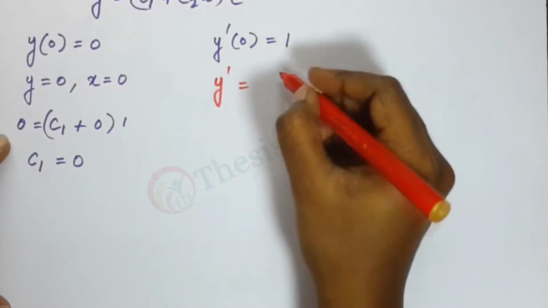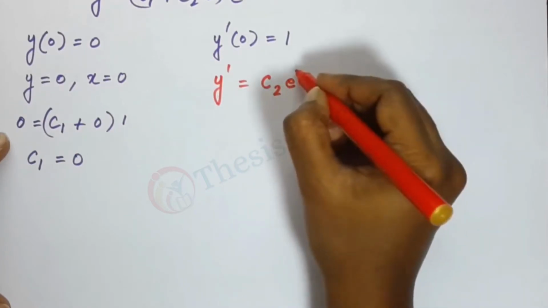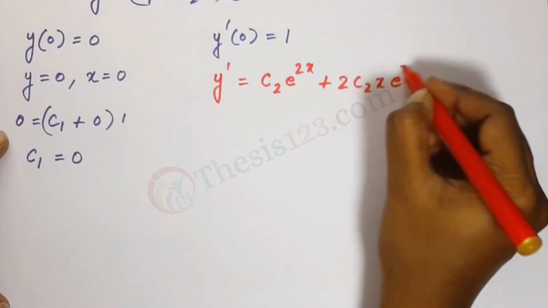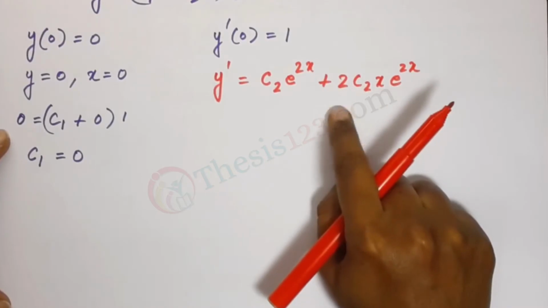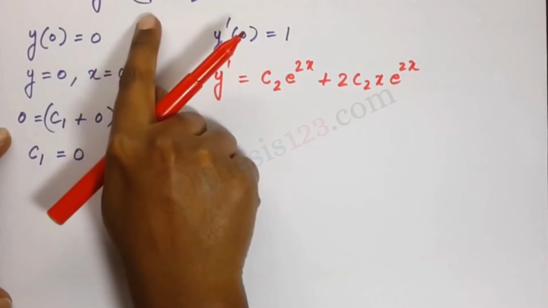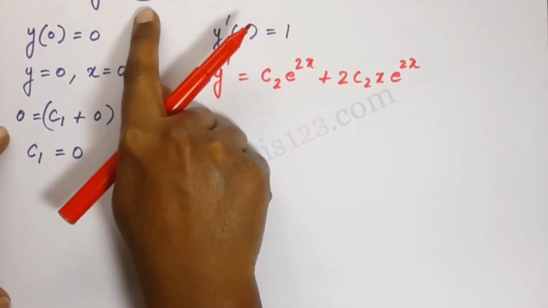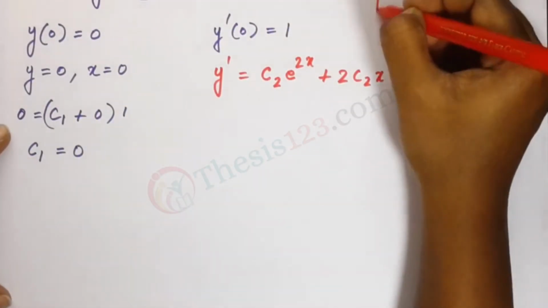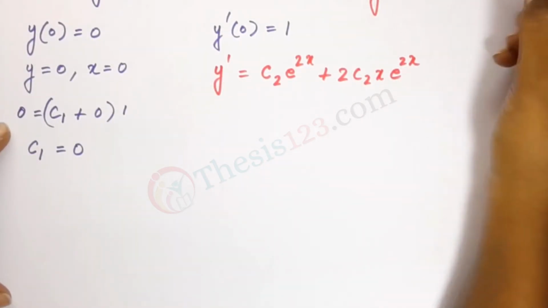Y dash would be equal to c2 e power 2x plus 2c2x e power 2x. Let me tell you how I got this. The equation is y is equal to c1 plus c2x e power 2x. I've substituted c1 as 0, which gives us the equation y is equal to C2 x e power 2x.